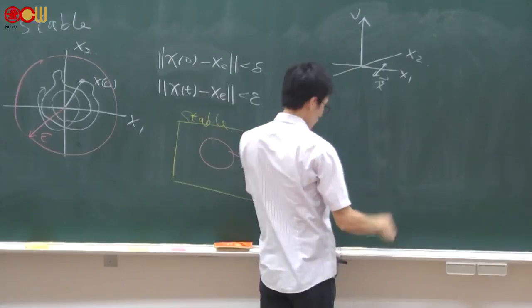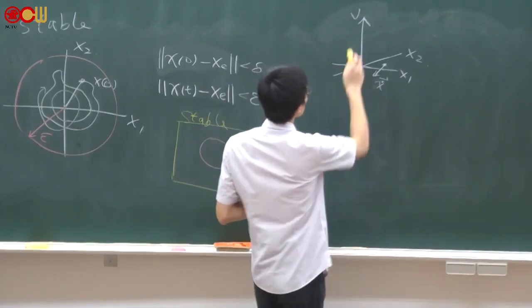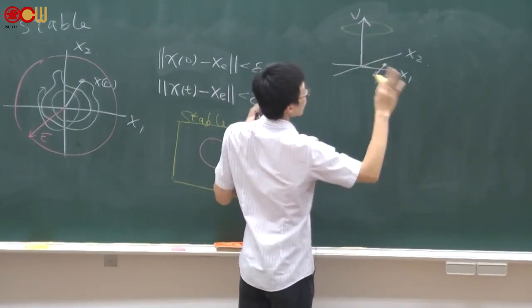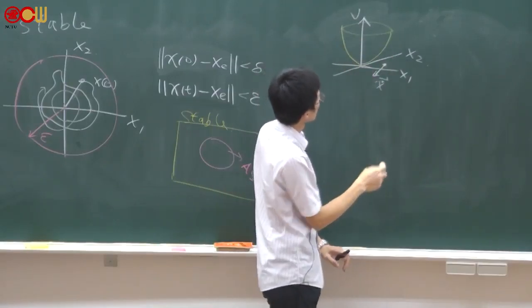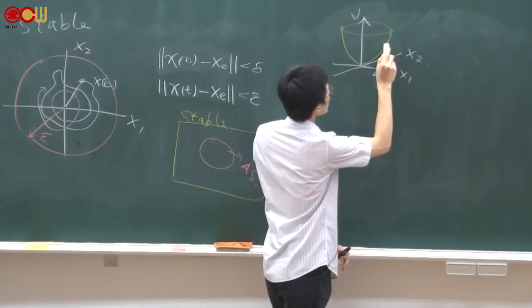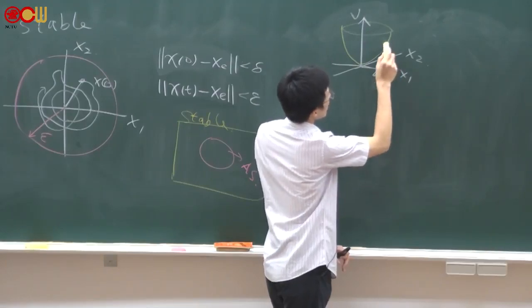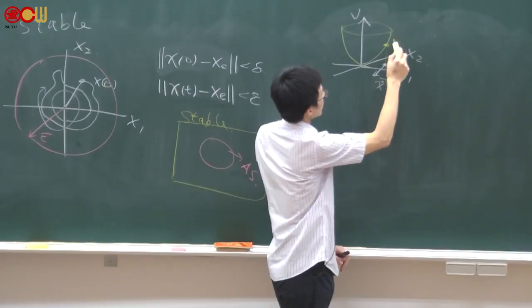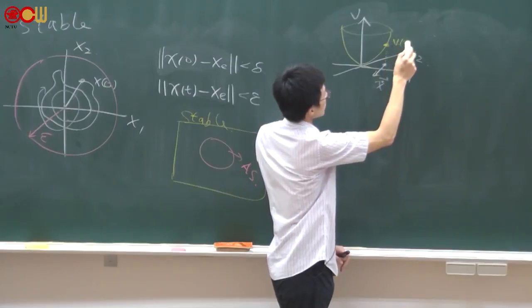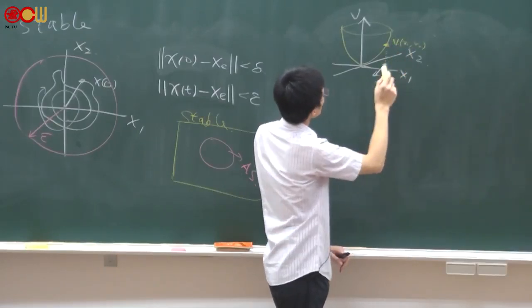If you define some level function or whatever function, given some x in the 2D plane, you can find a corresponding value V(x1, x2).